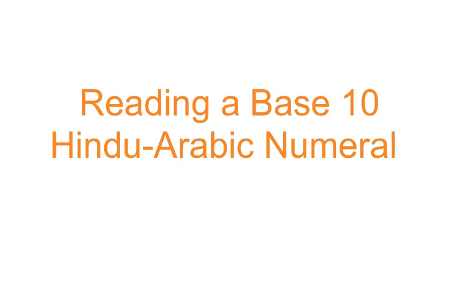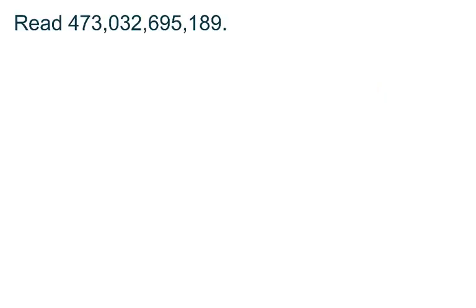In this video, we're going to briefly explore simply how do you read a base 10 numeral. The standard numerals that we're used to using are of Hindu-Arabic descent. Here is a very large base 10 contemporary Hindu-Arabic numeral, which we will simply from now on refer to as a base 10 numeral.